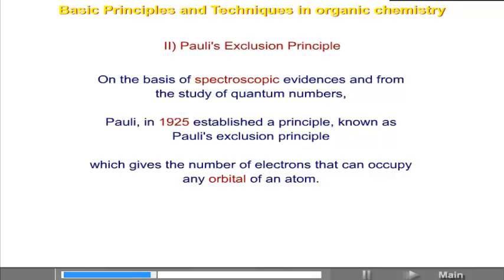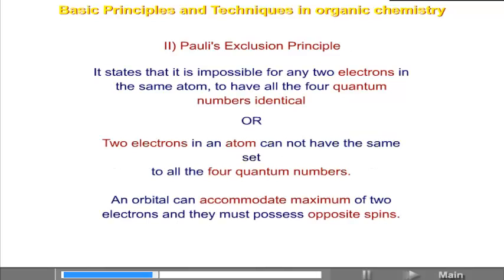It states that it is impossible for any two electrons in the same atom to have all four quantum numbers identical, or two electrons in an atom cannot have the same set of all four quantum numbers. An orbital can accommodate a maximum of two electrons and they must possess opposite spins.